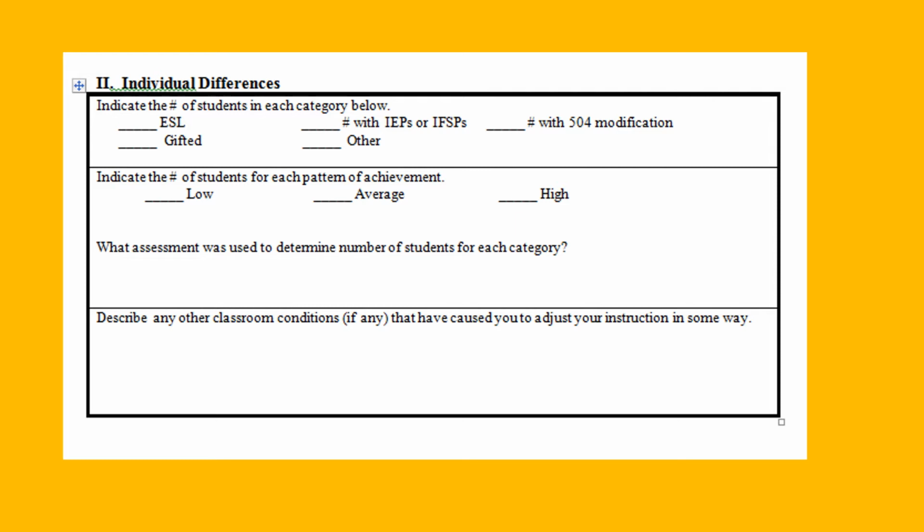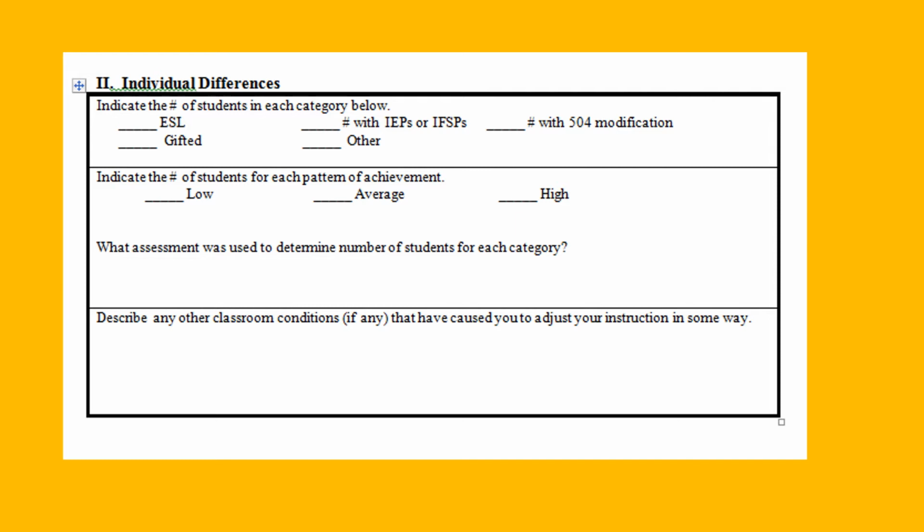So you're not going to ask your teacher to just quickly jot down your high, average, and low students, but instead use some kind of assessment data to determine who these children are and where they fall within the spectrum of mastery of content.